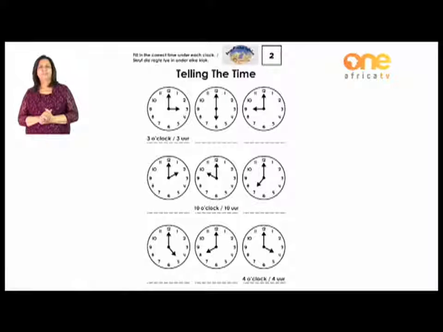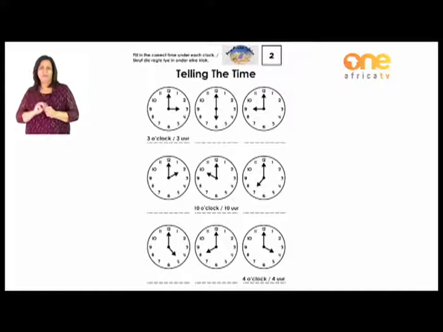On page 11, the instruction reads, fill in the correct time under each clock. Telling the time is the title of the worksheet. The first clock, as I explained before, the long hand, which is the minute hand, is pointing at 12, and the hour hand, which is the shorter hand, is pointing at 3.